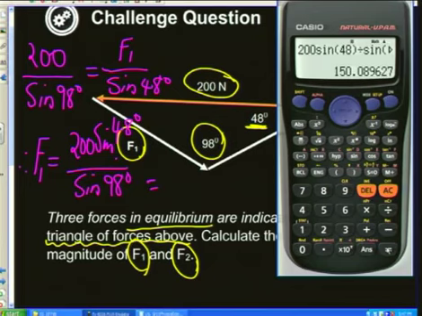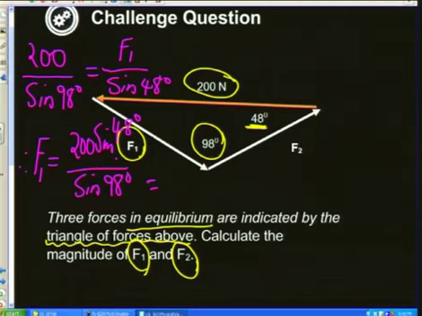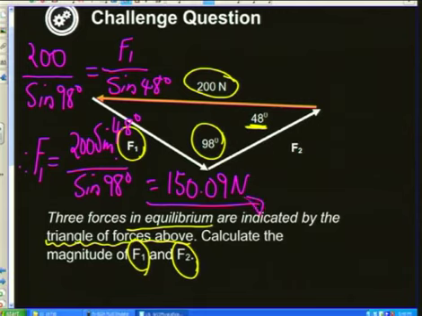So I get it to be 150,09. All right, 150,09 newtons. That is what F1 is from here.